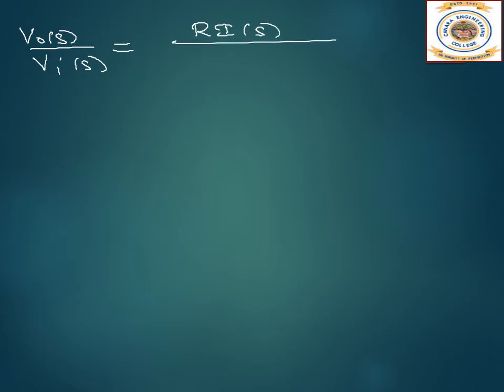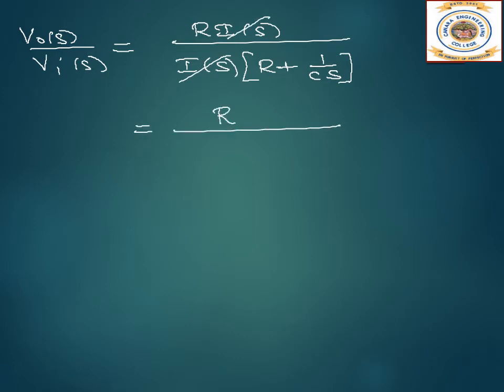So substituting V naught of S by Vi of S: we know that V naught of S is R into I of S, equation 2, and equation 1. I'll take I of S as common, so I have R plus 1 by Cs times I of S, and I of S cancels. So the transfer function will be R by R plus 1 by Cs.